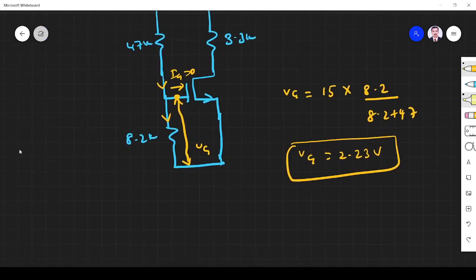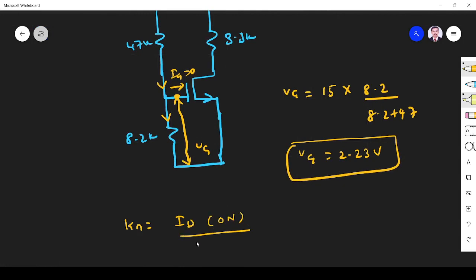Okay, then I find Kn. Because whenever I want to find ID, all the things are required. Kn is equal to ID on divided by (VGS on minus VT) squared. Right? So this one, ID is fine.